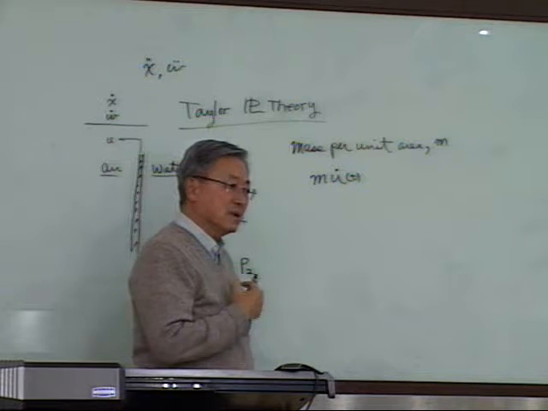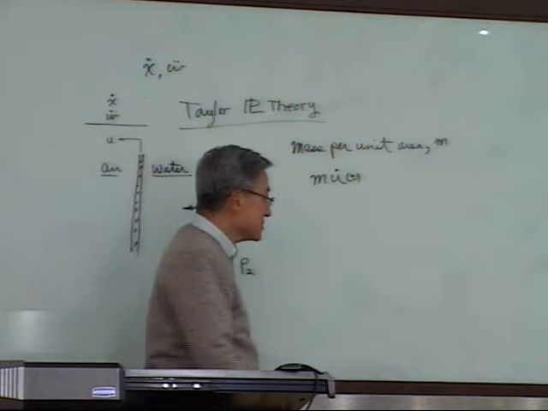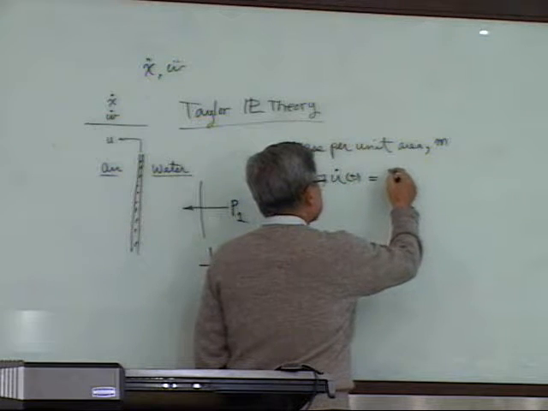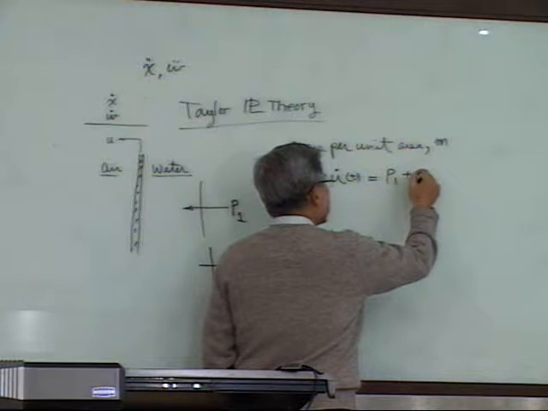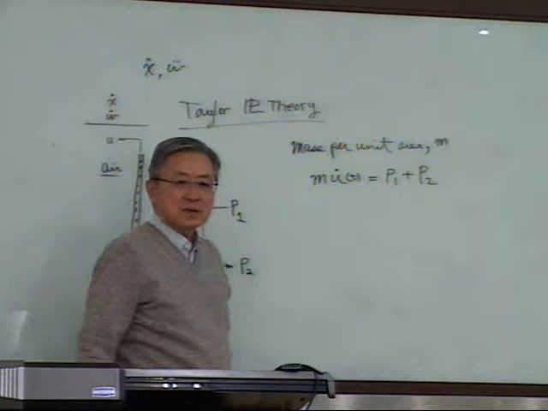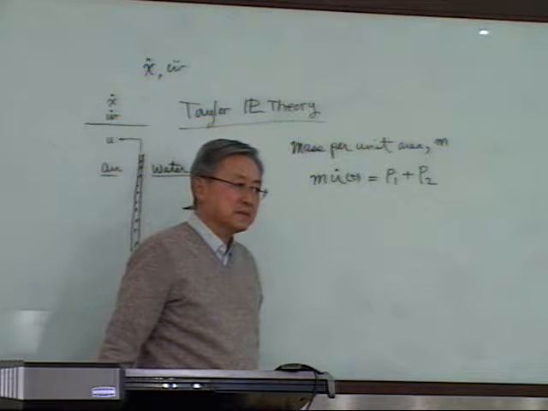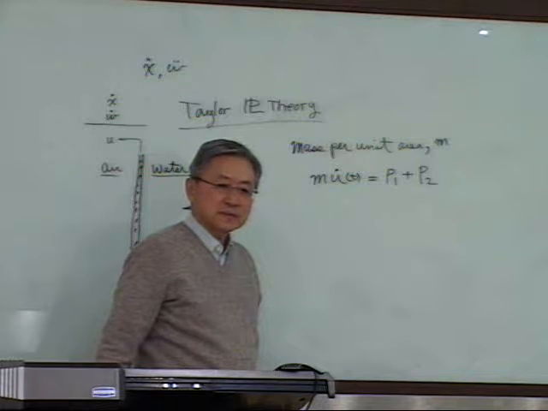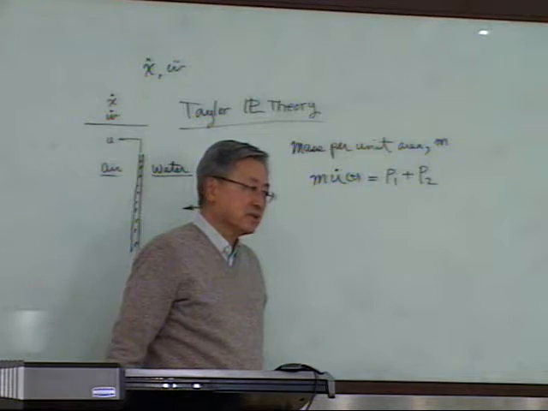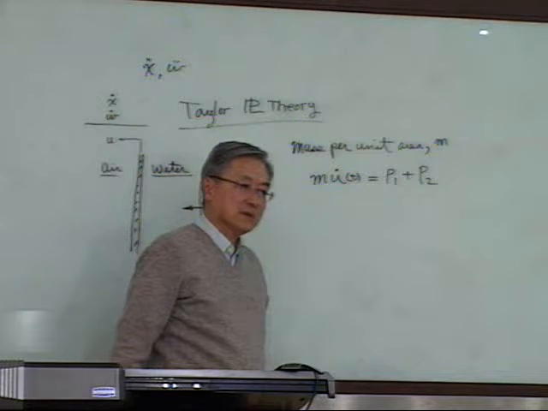So inertial force is equal to what? Summation of all the external forces. External forces is P1 plus P2 on the plate. Some of you might say, what about the sign?